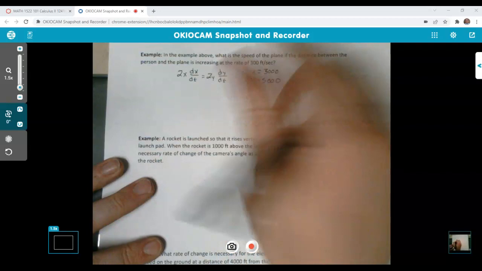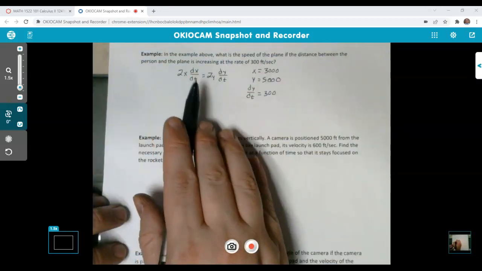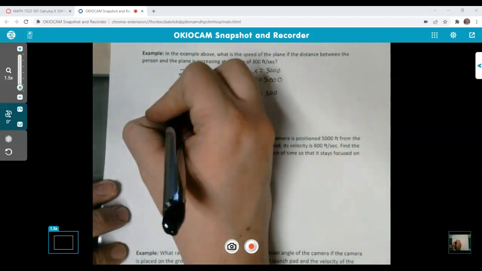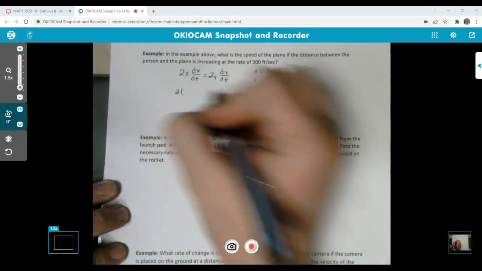So now I'm going to use all of that to solve for dx/dt. So 2 times x, which we said was 3,000, dx/dt is what I don't know, equals 2 times y, which we said was 5,000, times dy/dt, which is 300.